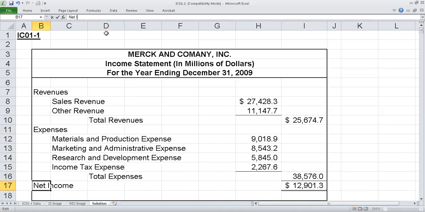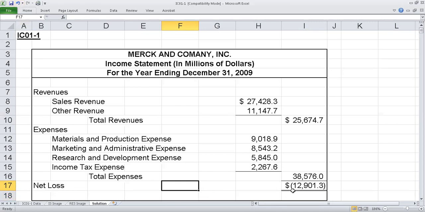It would be a net loss. And negative numbers in accounting, negative values, are shown in parentheses. All right, so this is what it would look like if the dollar amounts were reversed.